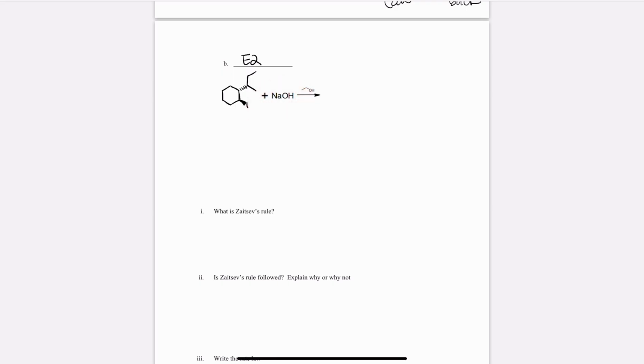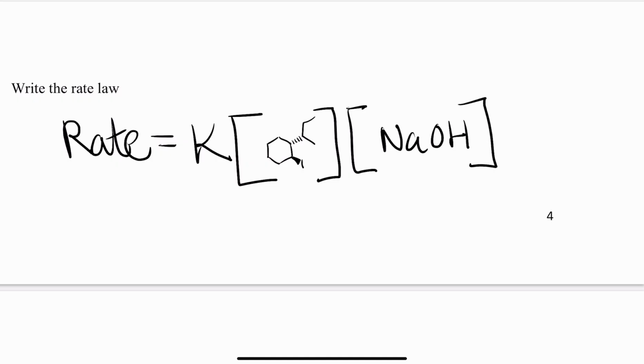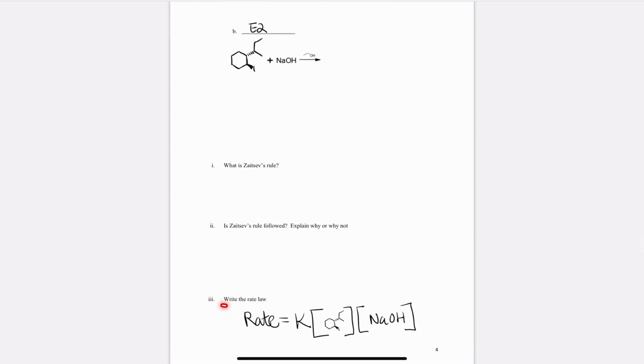Then we're going to have the nucleophile in it, because it's a 2. It's NaOH, sodium hydroxide. All right. So it's easy to just write the rate law once you realize it's the 1 or 2, because 2 things.